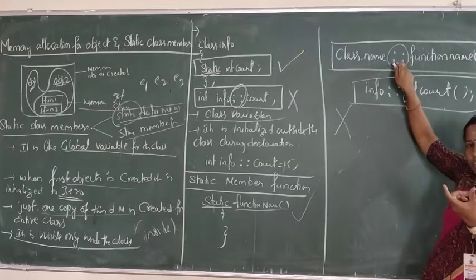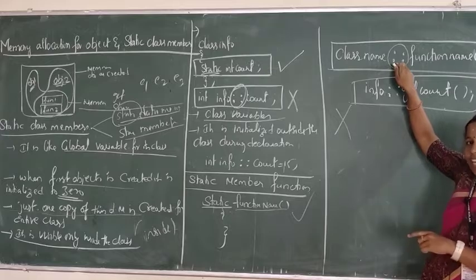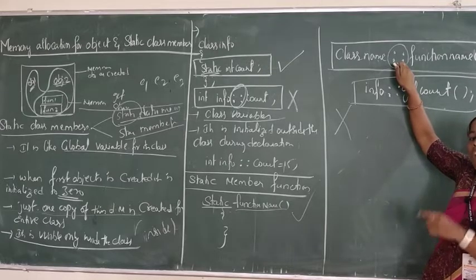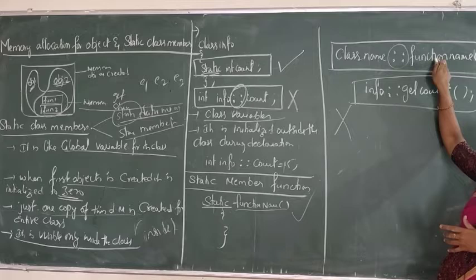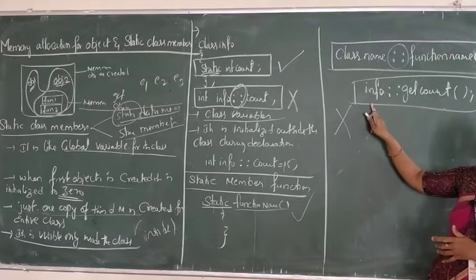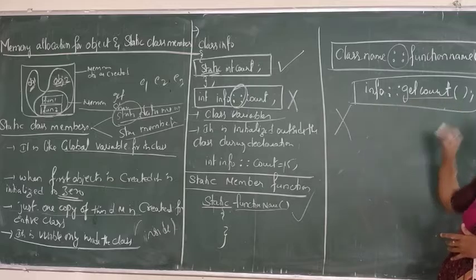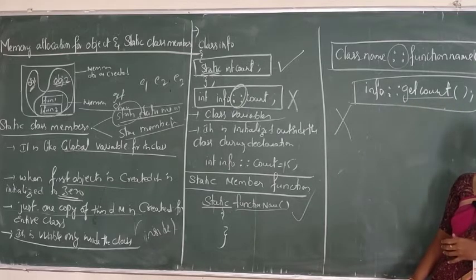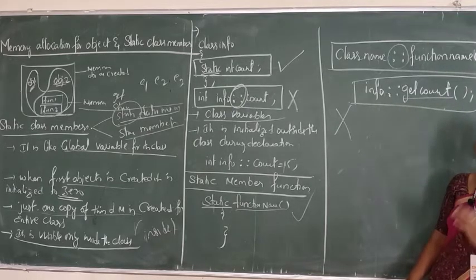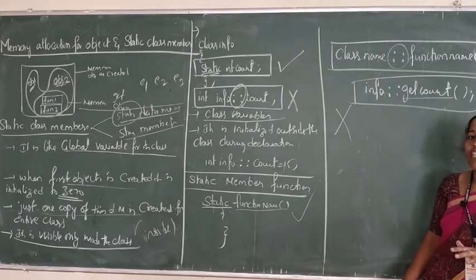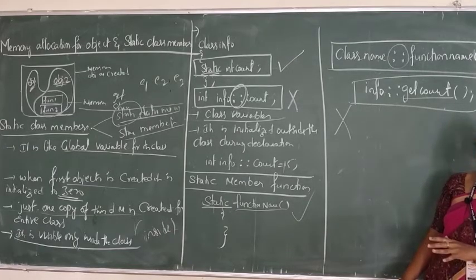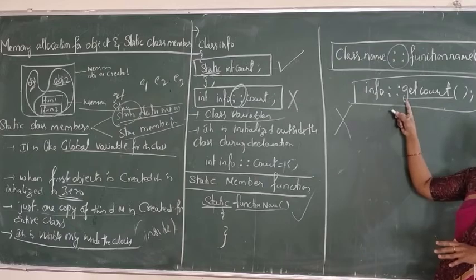Whenever you are using the scope resolution operator, it means you are defining a static variable or a static member function outside the class, followed by the function name. So here the class name is Info, then the scope resolution operator, and the static member function name is getCount. When you are defining it outside, there is no need of using the static keyword. So directly you are using the member function name, that is nothing but getCount.